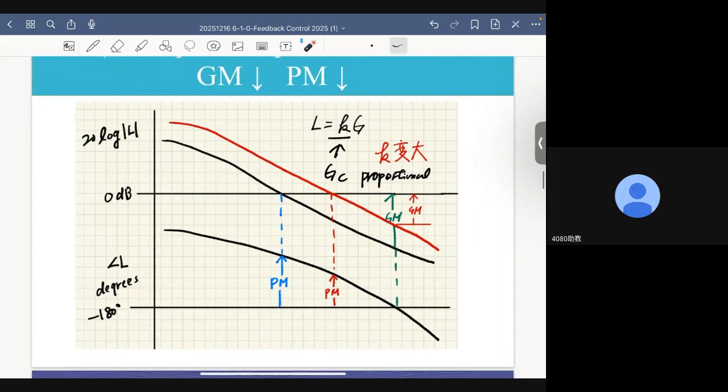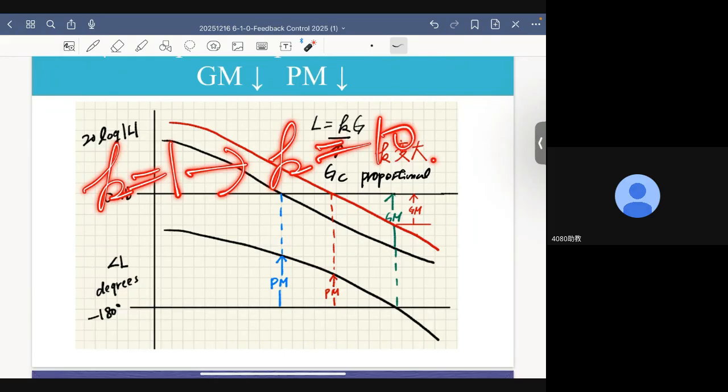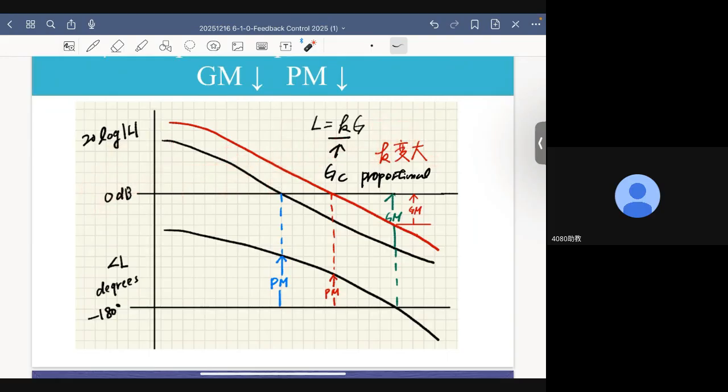Now, if I increase K from 1 to, let's say, 10, okay, then what is really happening is the phase response curve remains unchanged, but the magnitude plot will elevate, with the shape remaining the same, but the entire curve will move vertically up, all right?